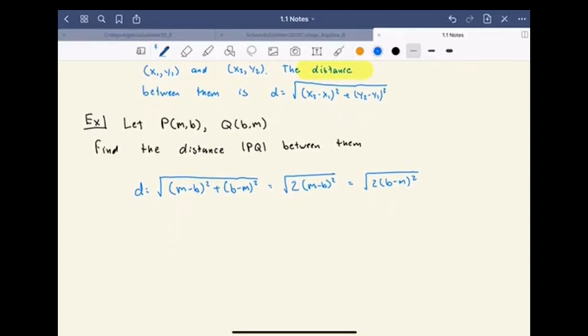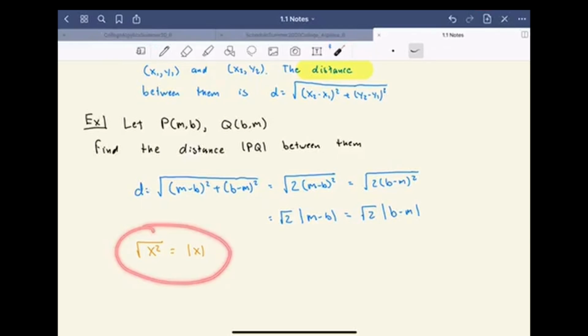Okay, now, let's get rid of that square root. Well, you're still going to have the square root of 2, but now, instead of M minus B, you're actually going to have the absolute value of M minus B, or the absolute value of B minus M. Okay, so first thing I want you guys to realize, a little rule: the square root of x squared is actually the absolute value of x.